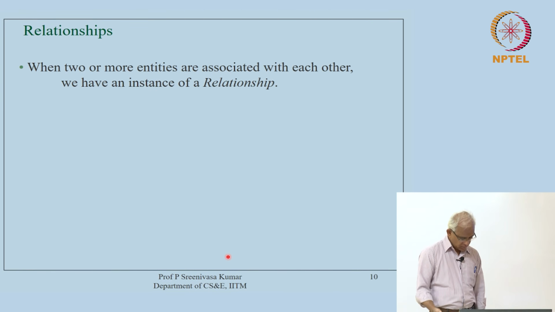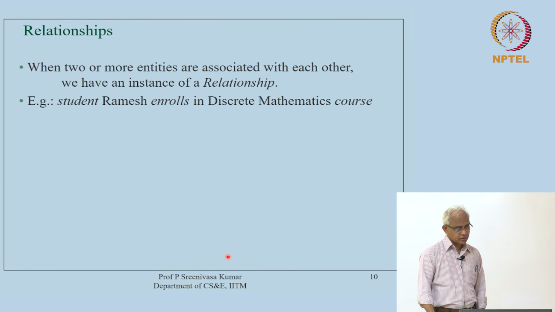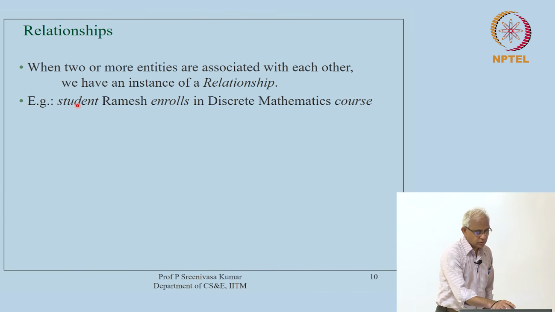Let me give you an example. For example, the student Ramesh enrolls in the discrete mathematics course, a typical scenario. The entity types here are in italics.